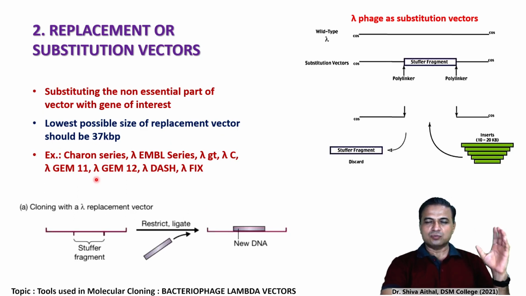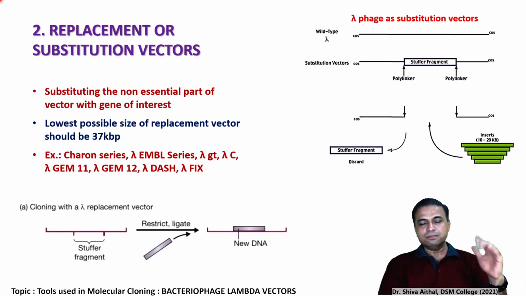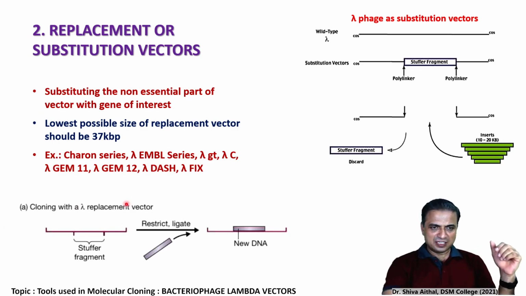Just remember the names: Charon series, these are substitution vectors of lambda phage. Lambda EMBL series, lambda gt series, lambda C series, lambda GEM11, GEM12, lambda DASH, lambda FIX. These are names coming from various laboratories which have evolved into very good lambda phage vectors. So this is the basic process.